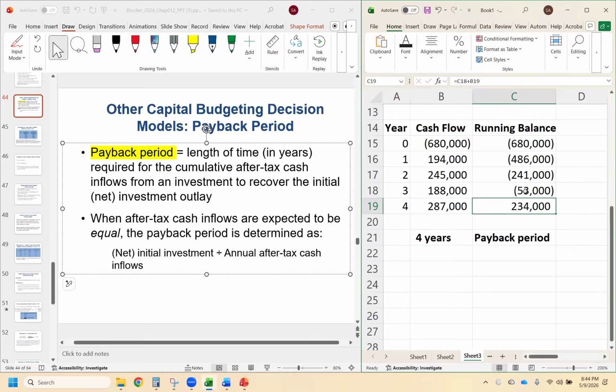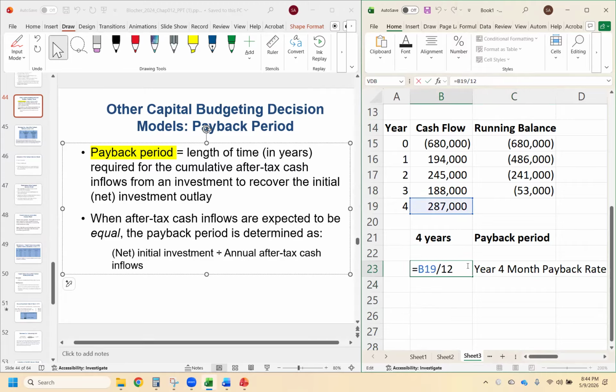So for example, the amount we need in year 4 to get to 0, so if we wanted to break even, is only 53,000, but we're getting 287,000 that year. So we could do 287,000 divided by 12. So this is the year 4 monthly payback rate.